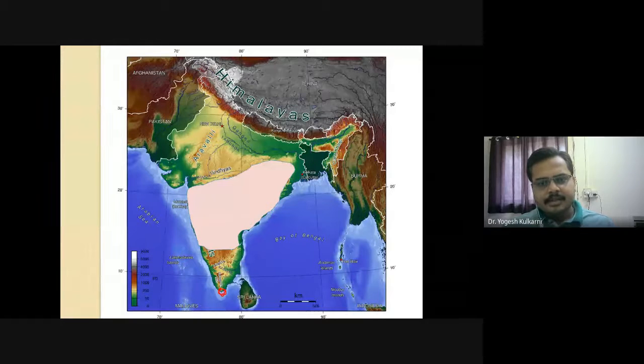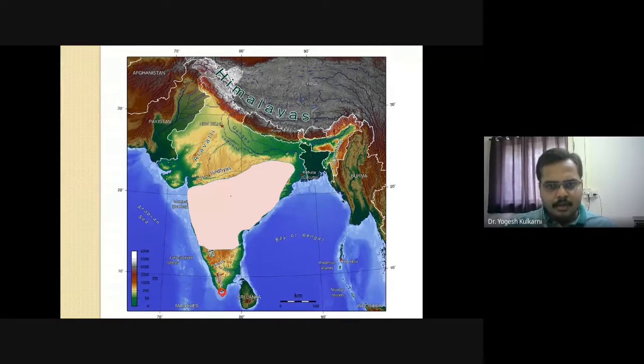These are some of the oldest rocks present in India, formed around 2.5 to 3.2 billion years ago, right? So that particular rock type is in many cases referred to as the Proterozoic basement or Precambrian basement.